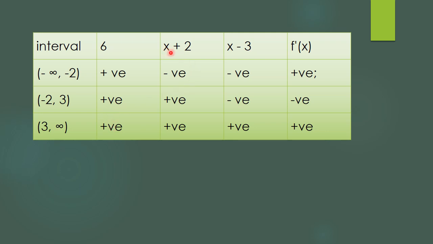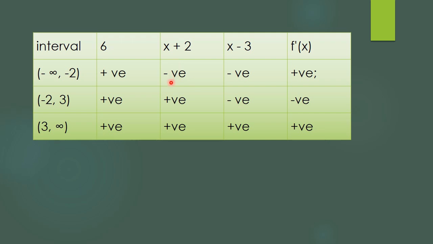For x + 2, when we take the interval from −∞ to −2, take any value of x in this interval, say −3. When I replace x with −3, −3 + 2 is −1. We don't want the number, we just have to check whether it is positive or negative.